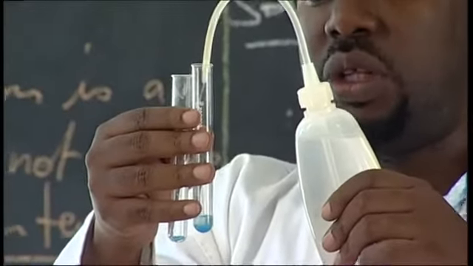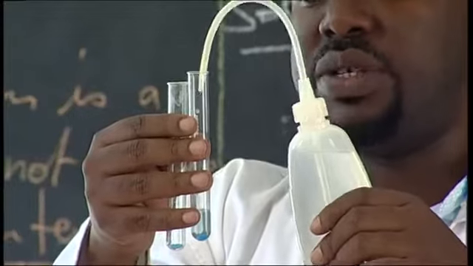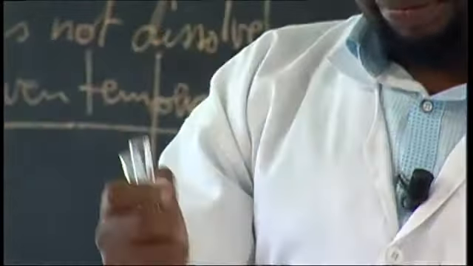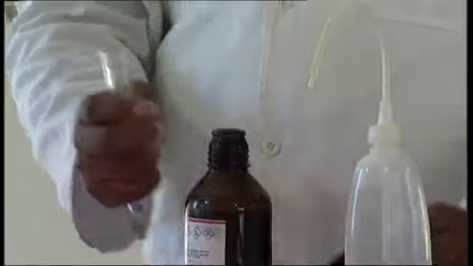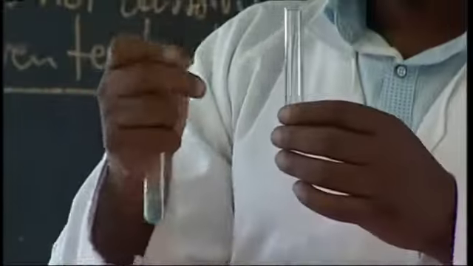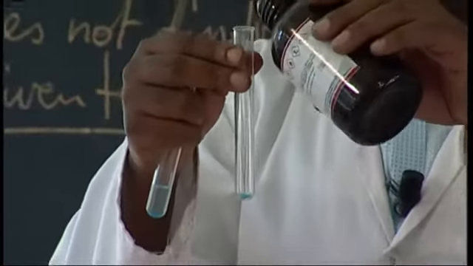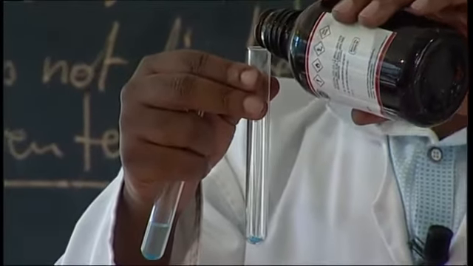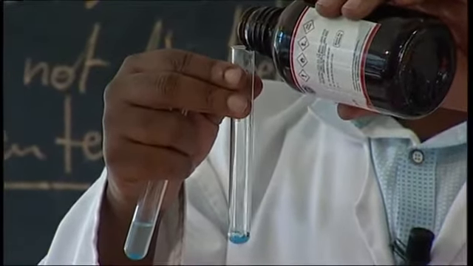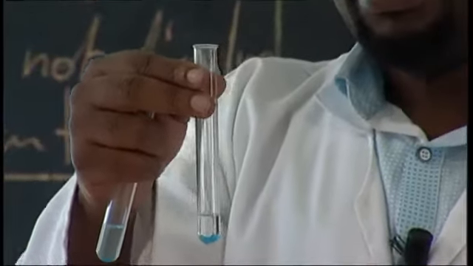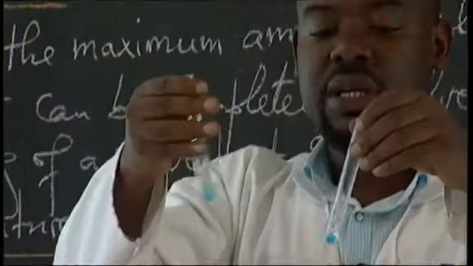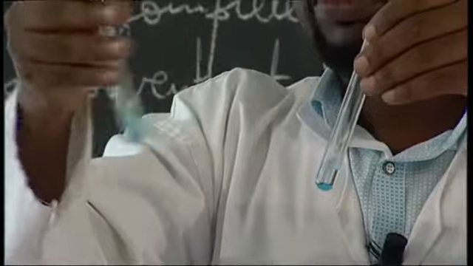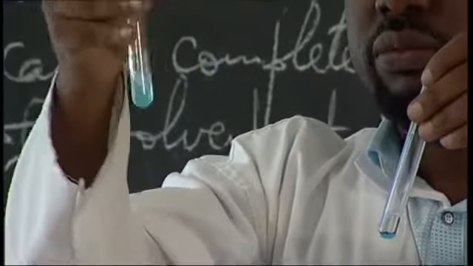Let us add water and see what happens. And here we have the organic solvent, hexane. We have the two solutions, or the two mixtures. What happens when we mix? Let's have a look.